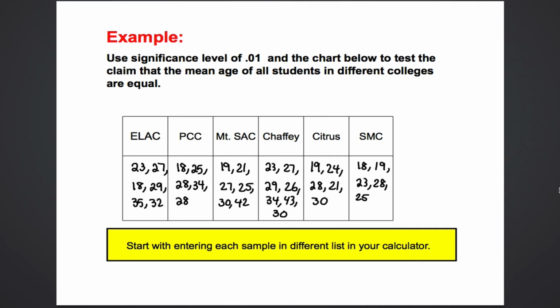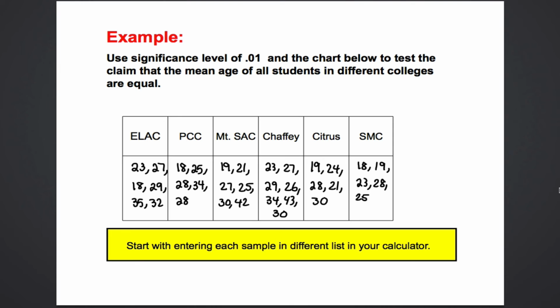The data represents the ages of the students that are randomly selected. So in L1, we're going to enter the data for East LA College. For L2, we're going to put the data for PCC. In L3, we're going to put the data for Mount Sac, and so on.